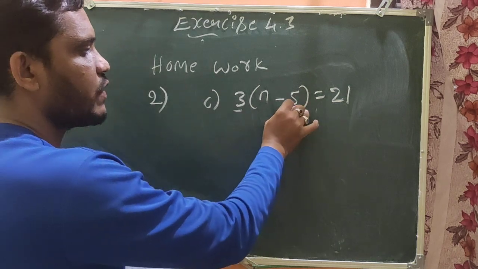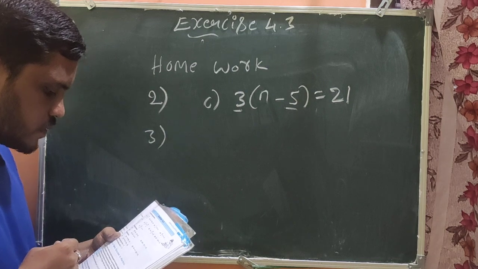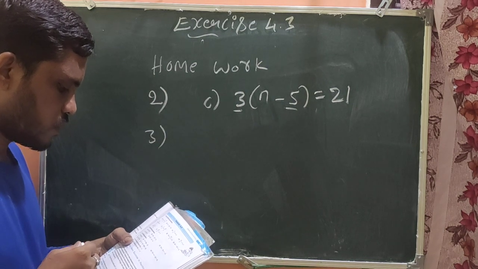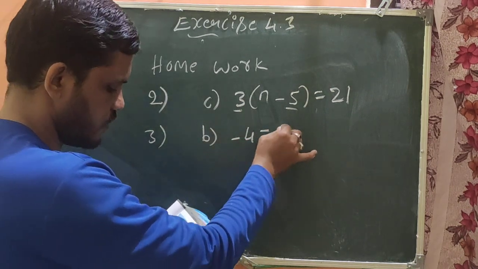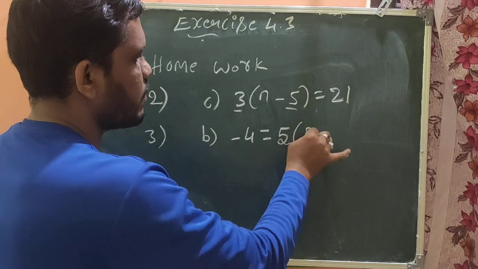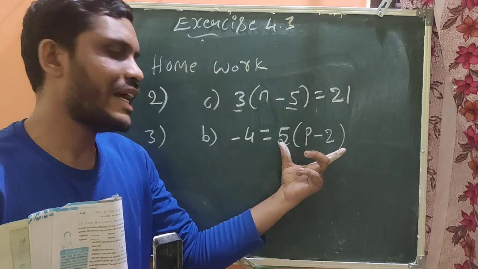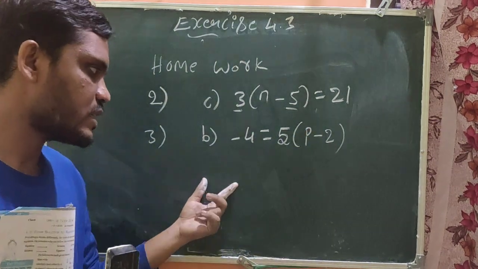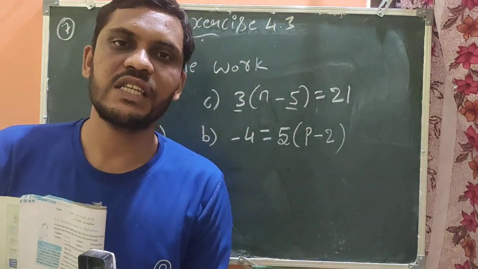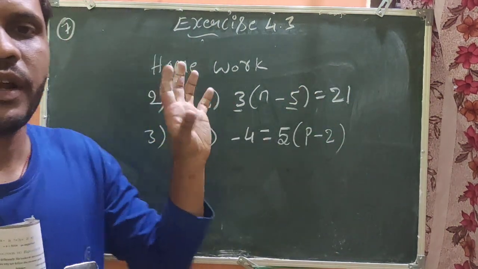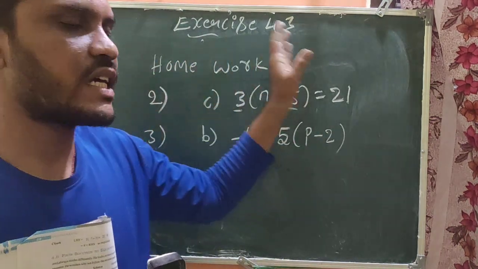Next, in n minus 5, you should shift the 5. Next, the third one: d minus 4 is equal to 5 times of P minus 2. In this one, first you should write this RHS side value in LHS side and minus 4 in RHS side, and then solve the equation. These are the two examples for your homework, and the remaining are the problems we already solved in this exercise 4.3.